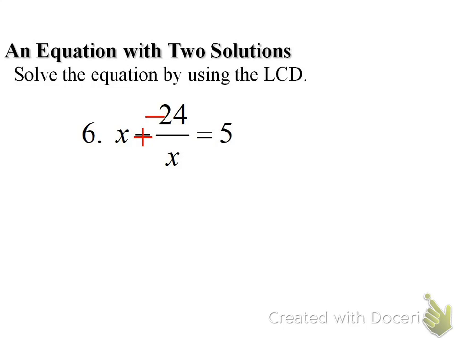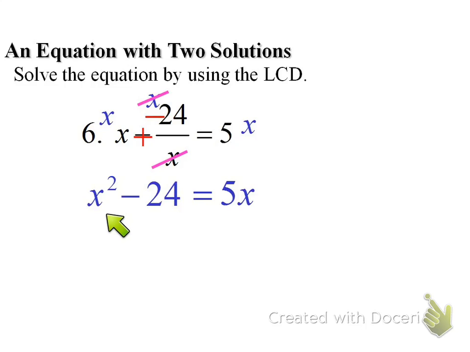What's my common denominator here going to be? X. So I'm going to multiply everything right and left by x. X times x is x squared. You're just going to be left with the minus 24 in our next term because those x's cancel. And then it's going to equal 5x.